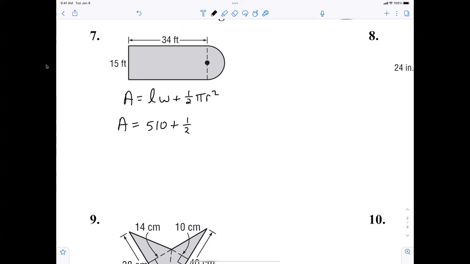Plus, now leave this 1/2 pi. What's the radius? 7.5. All right. So we're going to say area is equal to 510 plus 88.25. I'm not saying that's correct. Pi square feet. Is that correct? Anybody else get 88.25?